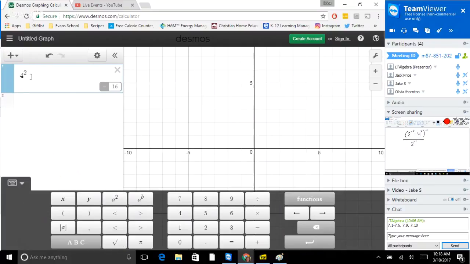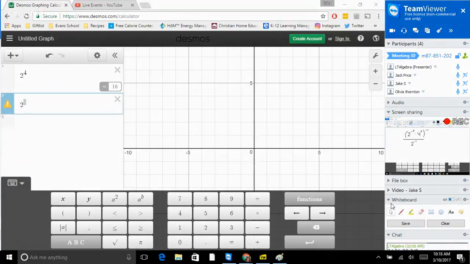We were trying to figure out what 2 to the 4th power was, right? One way you could do that is write 2, and then the exponent 4. It'll tell you that's 16. You can also type it in using the caret button, which is above the 6 on my keyboard.